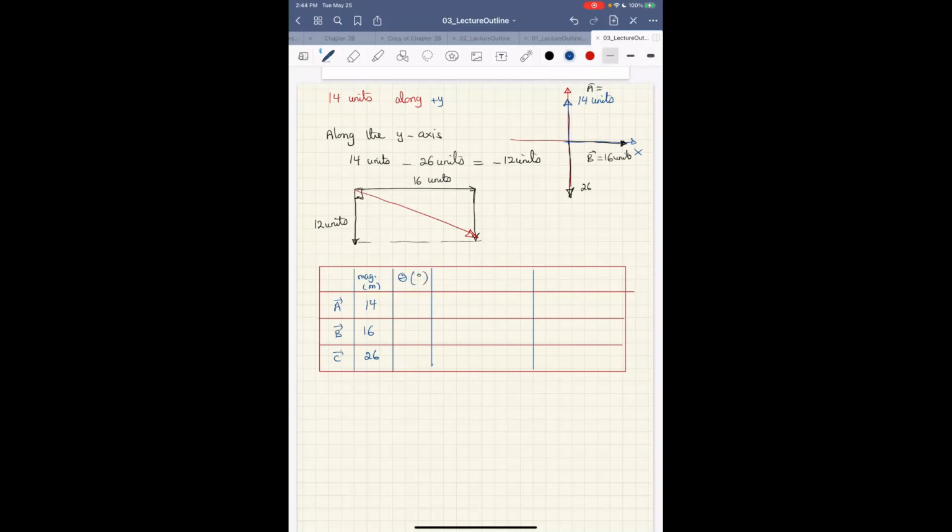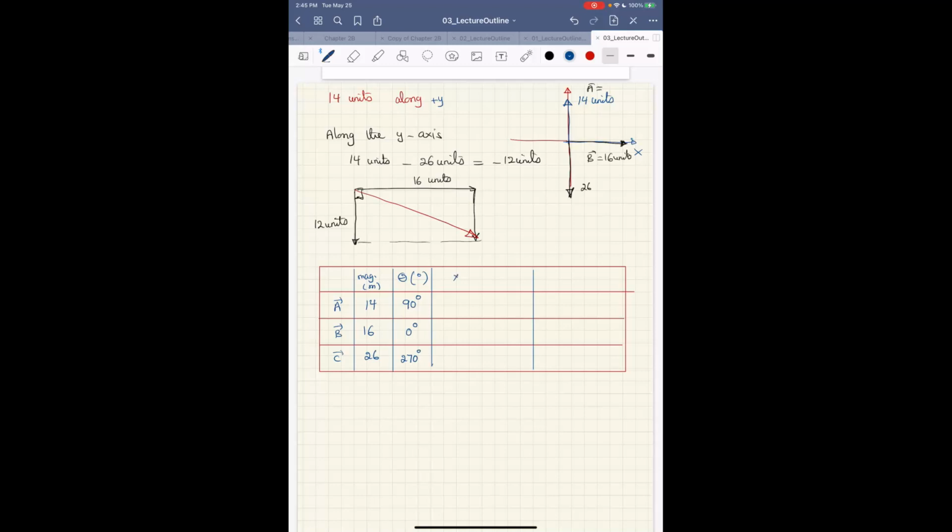Then I will say A is along the positive y-axis, then it is 90. And B is along the x-axis, then it is 0. And C is along negative y, then it is 270.